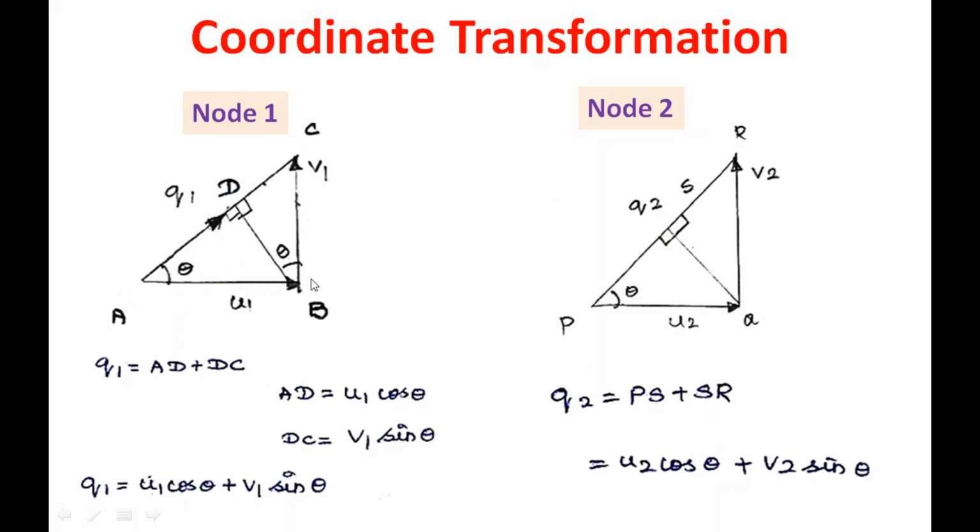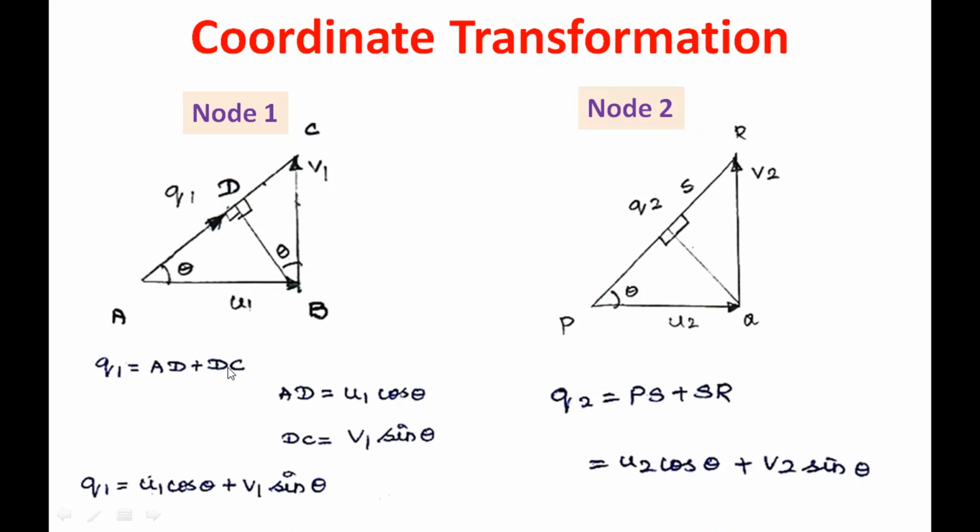After drawing this perpendicular to AC from corner B, this triangle is divided into two right angle triangles. One is ADB, another one is BDC. Based on these two triangles, we are going to get the relationship between q and u, v. So q1, which is equal to AC, the total length, can be divided into AD plus DC.